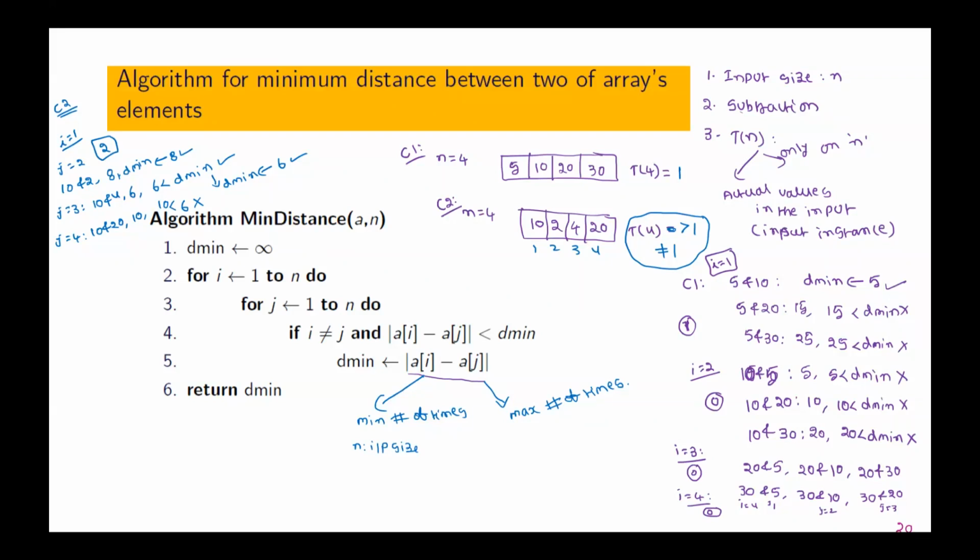Now it is clear that the number of times the operation AI minus AJ less than D minimum is performed is less than or equal to the number of times AI minus AJ is performed.